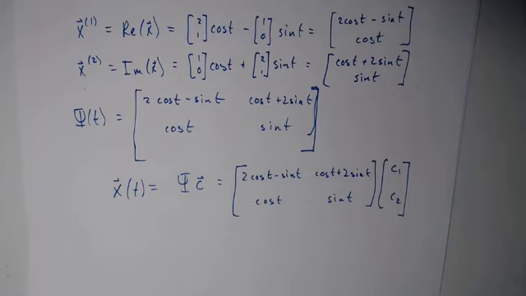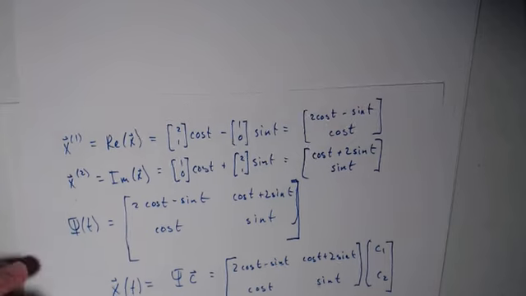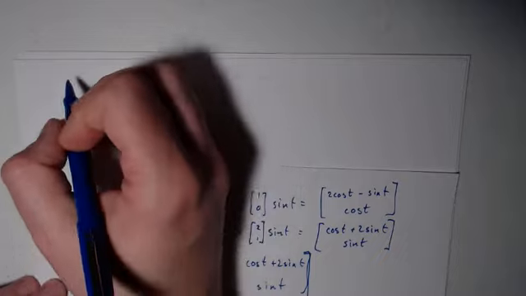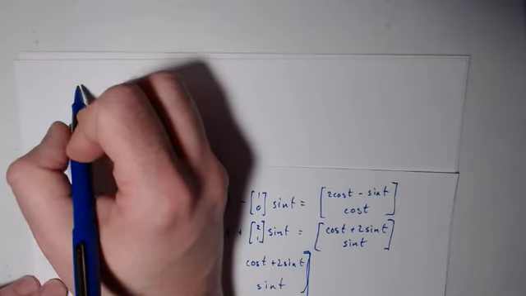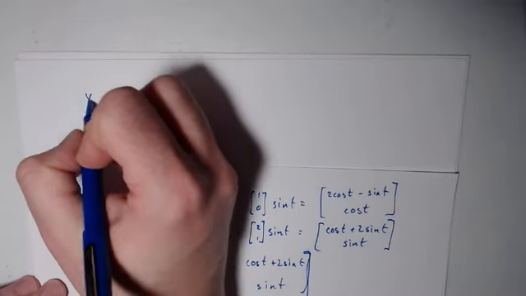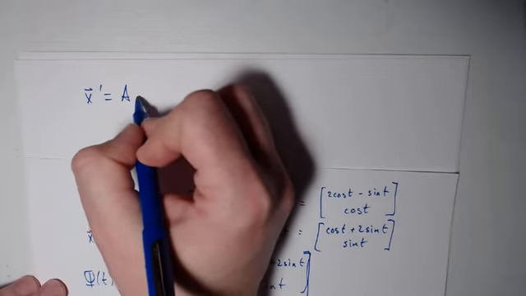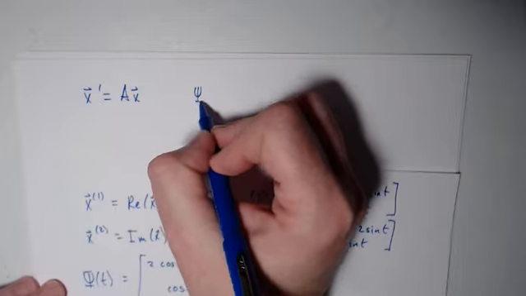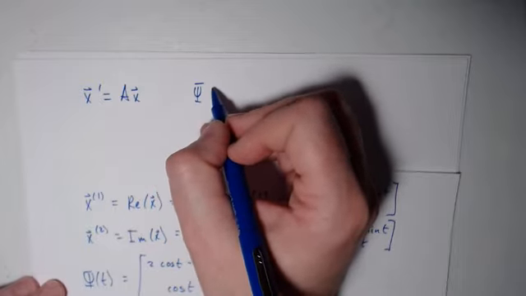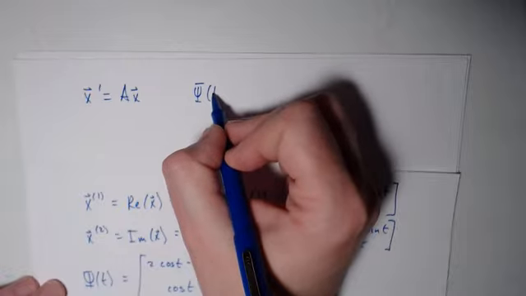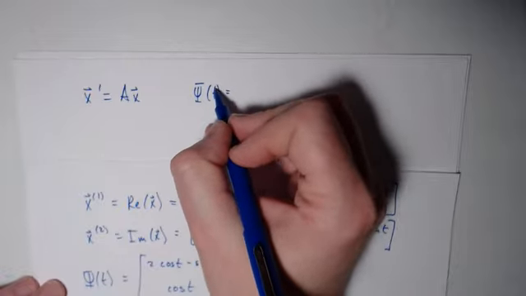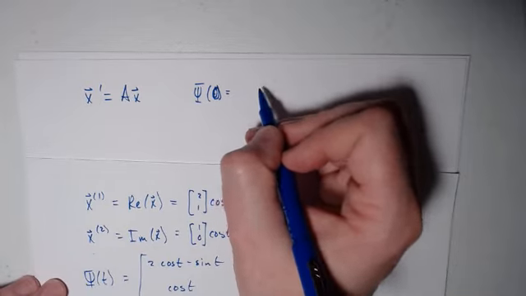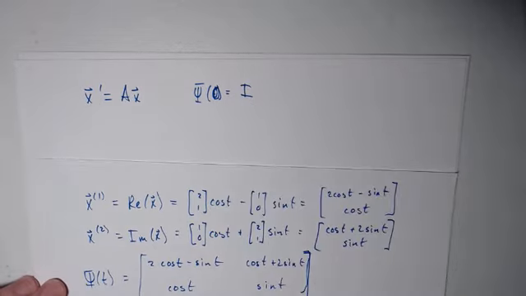We can also do initial value problems with these. So if we use the same matrix, suppose we want a solution to x prime equals the same A x, but we want psi, sorry, not psi of t, psi of 0 to be equal to, let's say, the identity matrix.